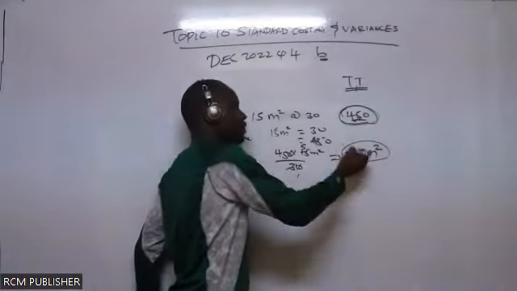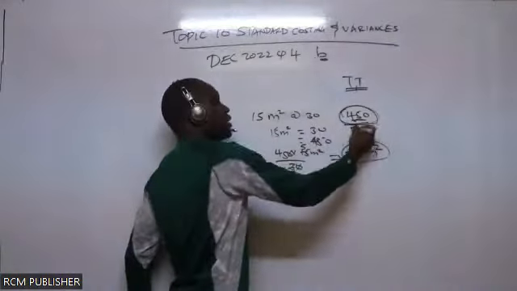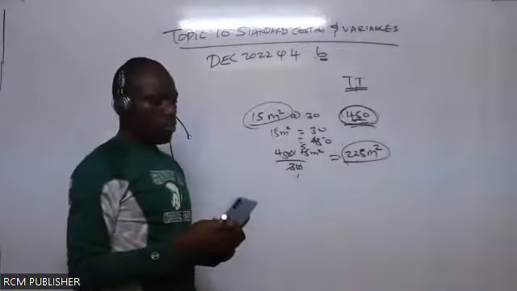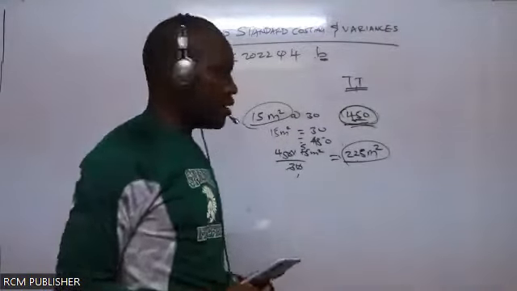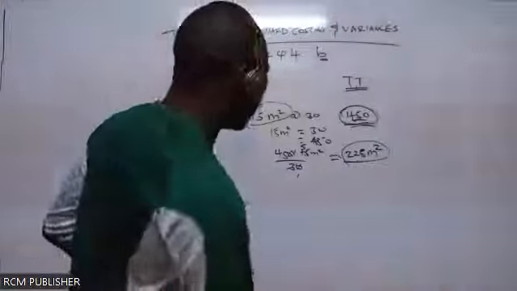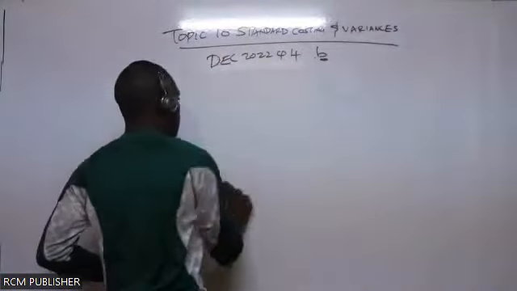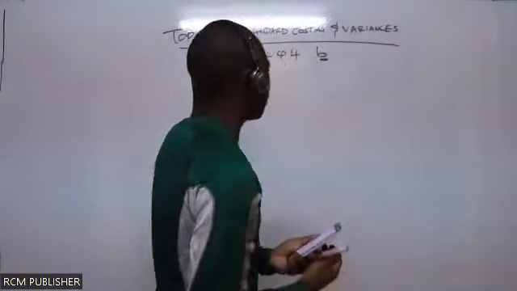So it is this one here that you are now going to convert again to get the shillings into 450 and also get your 15 meters square. We are going to see that in the August sitting. August of 2022, you are going to be able to see the standard cost card that we are talking about.